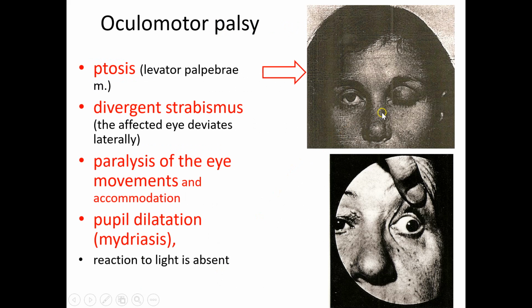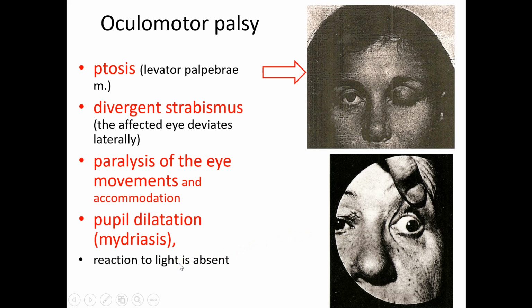This is a picture showing a patient with oculomotor palsy. On the left side, you can see there is ptosis, with the eye completely closed. If you elevate this eyelid, you will see there is divergent strabismus, meaning there is a squint and the eye is deviated laterally and downward. There will be paralysis of most muscles of eye movement, accommodation will be absent, and the pupil will be dilated.